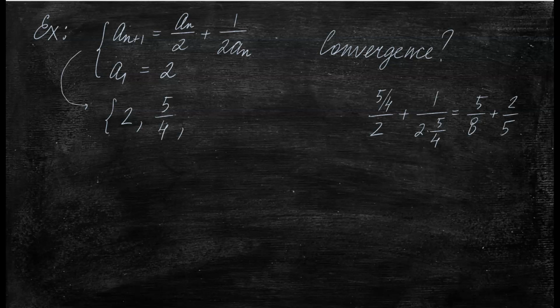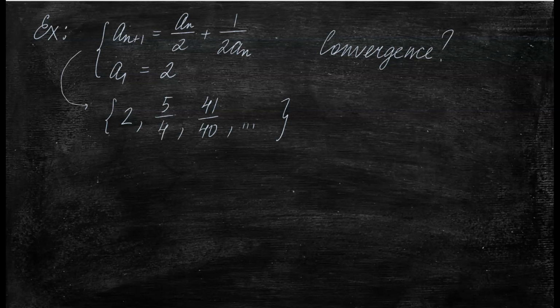So we're going to have 25 plus 16 over 40, right? So we get 41 over 40, and so on. And now if we want to convince ourselves that this sequence converges, we have to answer the following questions. Is this sequence bounded?